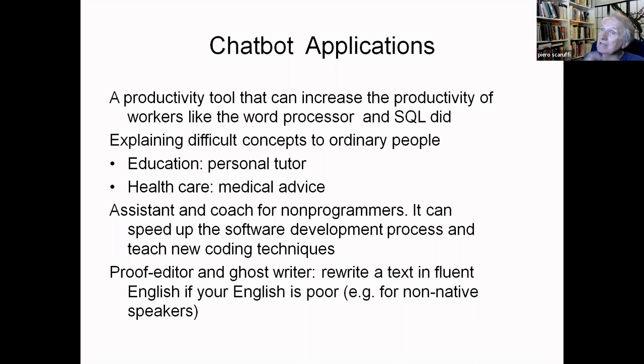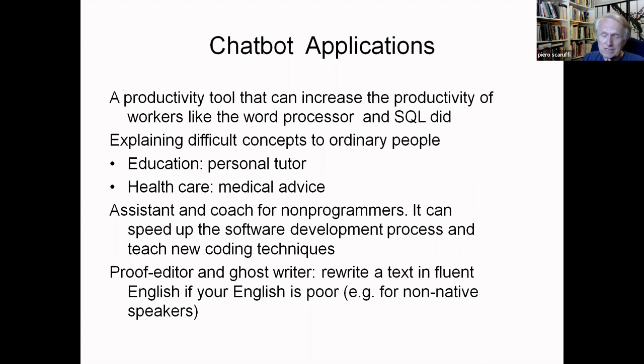In a sense, it can summarize a number of pages about the same topic. For education, it can be a personal tutor, I guess. For healthcare, it could give medical advice if GPT-4 really is so good with medical advice. It can be an assistant, a coach for non-programmers when they need to do some programming.